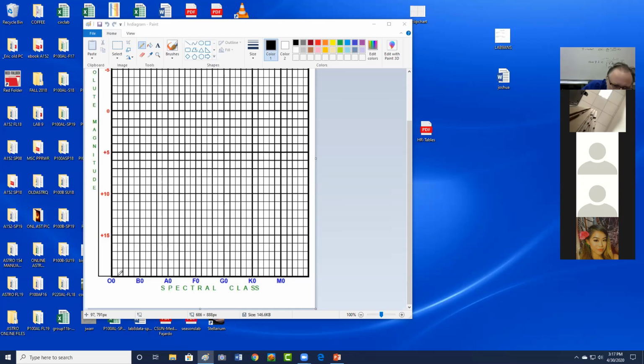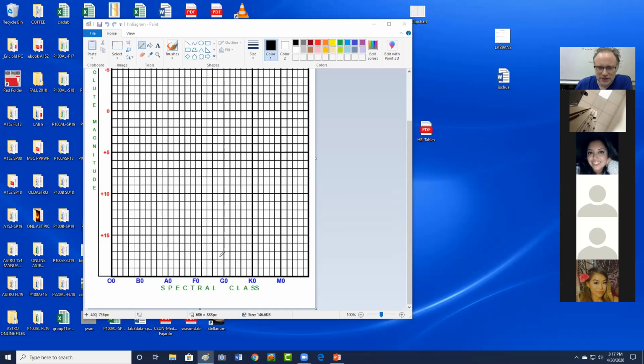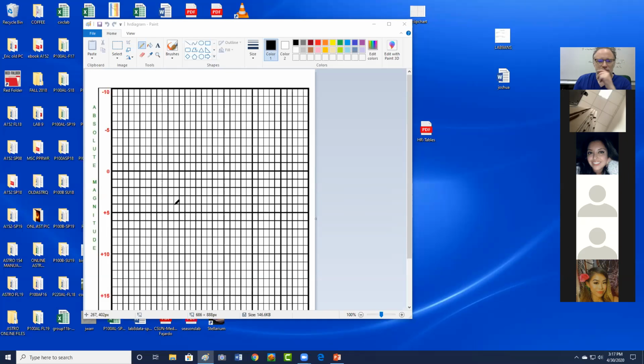So this is O2, O4, O6, O8, B0, B2, B4, B6, B8, A0. So this line right here would be what? F6. So that line would be F6. Good job.